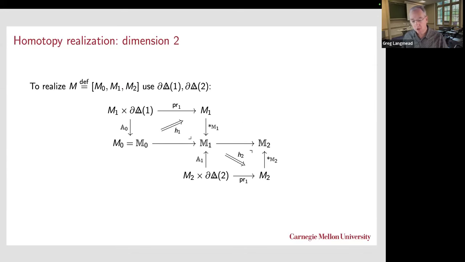So to go to dimension 2, we'll make use of both our spheres that we did, the 0 sphere and the 1 sphere. So here's that pushout again that builds M1 by pushing out the vertices with the edges. And now down here, we will take the face data. So we have 3 sets now. M2 is triples or faces, each equipped with a triangle that's one of our 1 types. And we'll map that into M1.